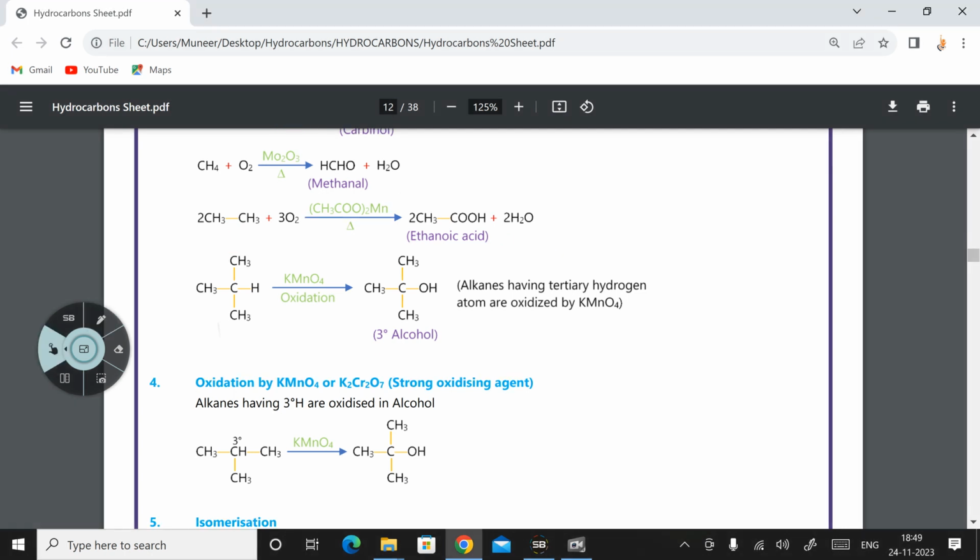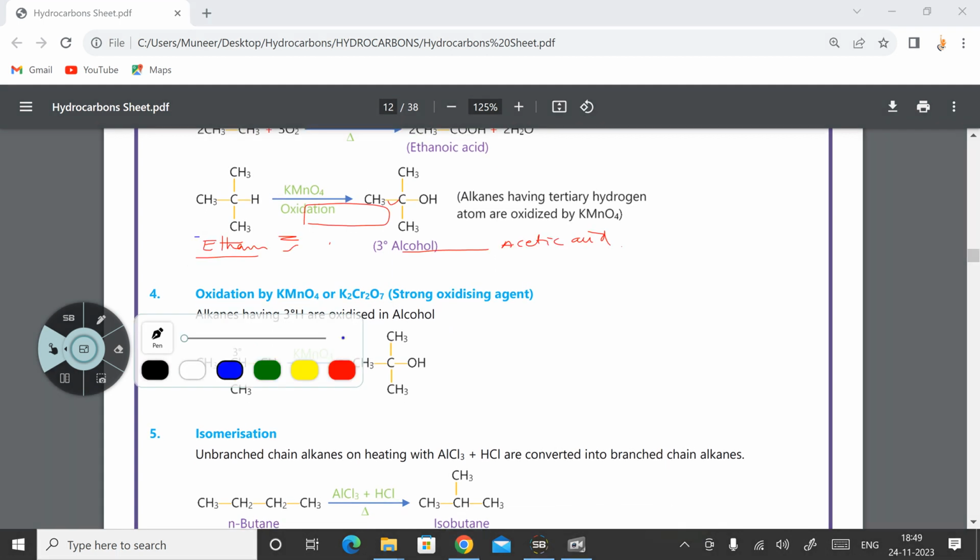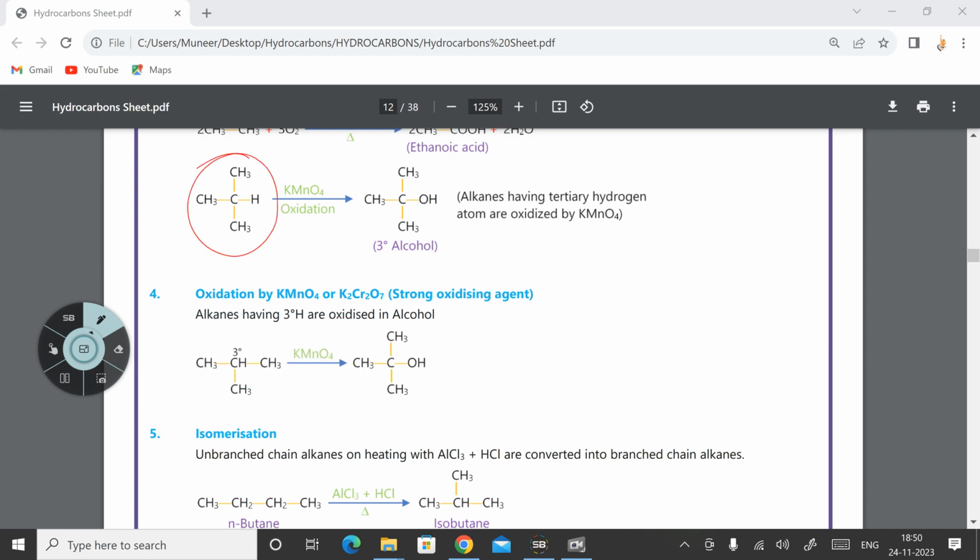Okay, now this is another reaction. What is its name? Tell me. Shruti, what is its name? Tell me its name. CH3, H is not written separately here.